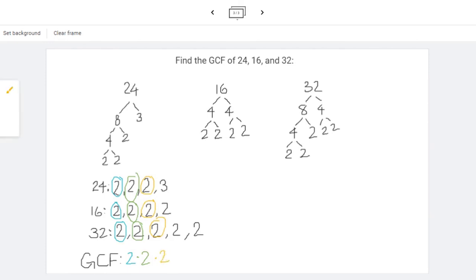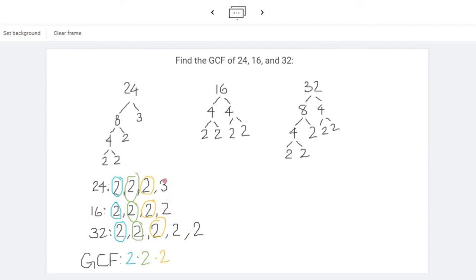Okay. And now we're going to see the last number. There's a 3 here. There isn't a 3 in 16, which means you should immediately cancel it out, because if one of the numbers does not have it, then you should immediately stop there. We don't have a 3 here or here, so we're going to stop.